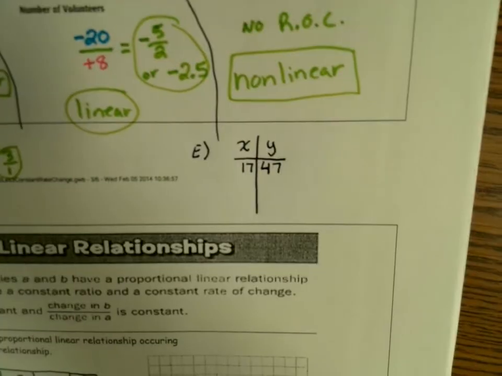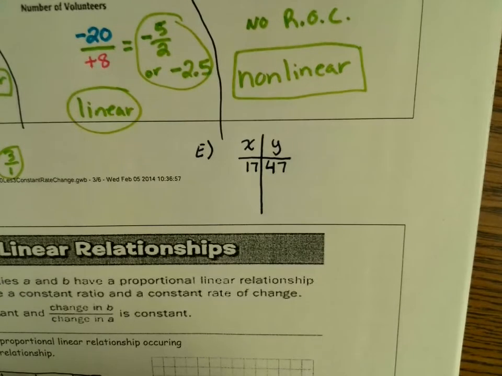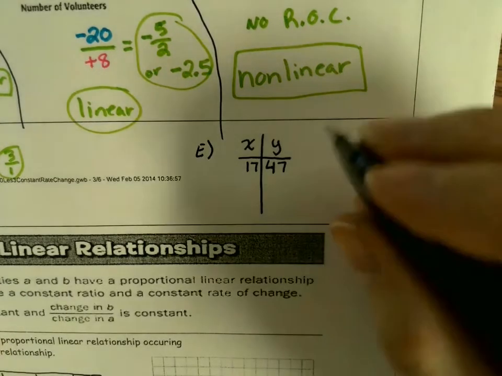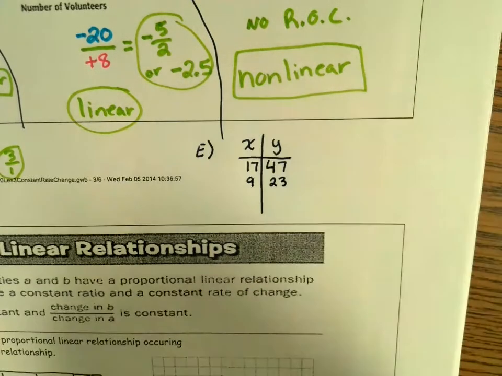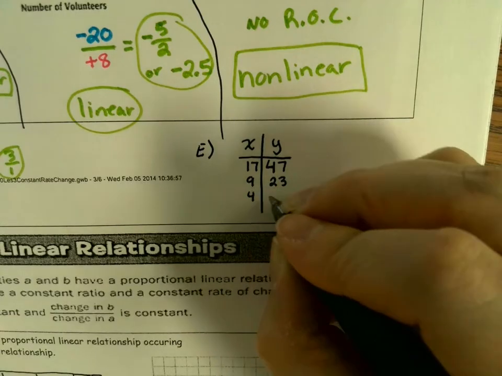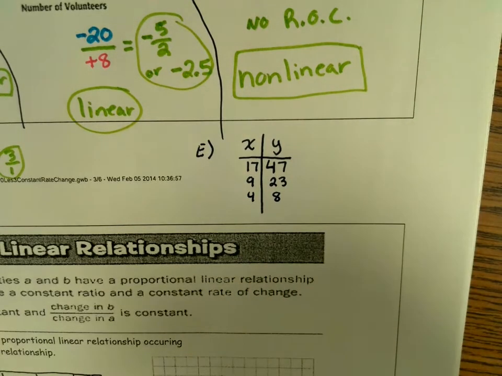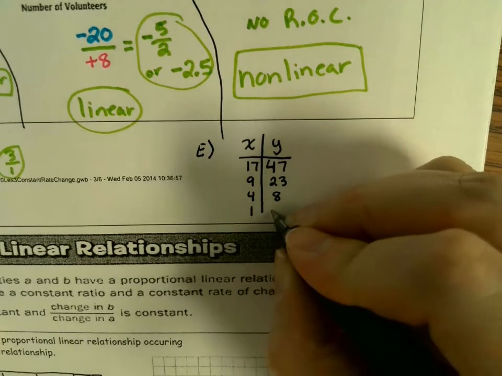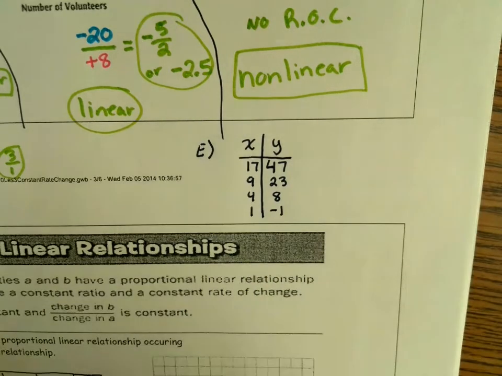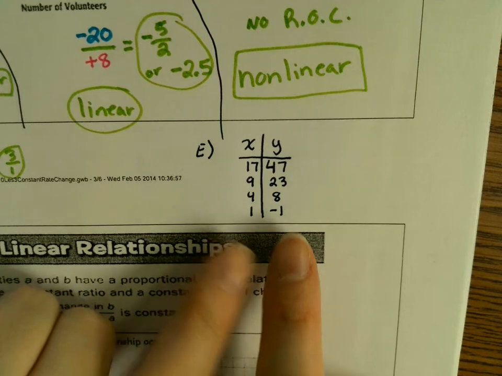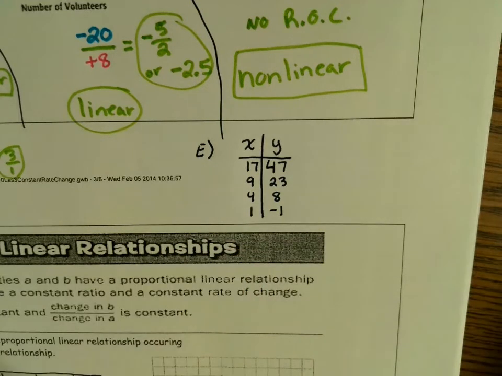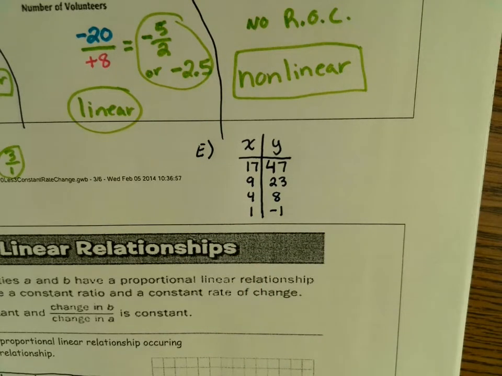All right, so we've got 17 and 47, 9 and 23, 4 and 8, 1 and negative 1. Okay, so I'm already telling you this is a linear relationship. So I want you to find out why it's a linear relationship. Find out what the rate of change is going to be.